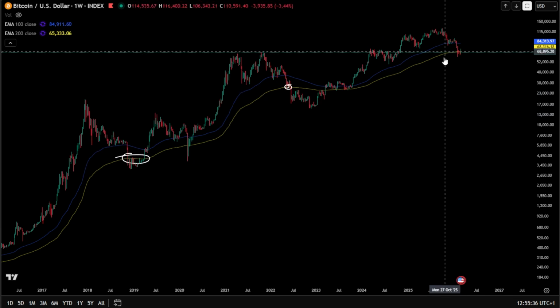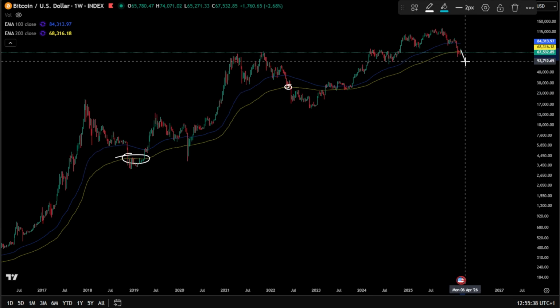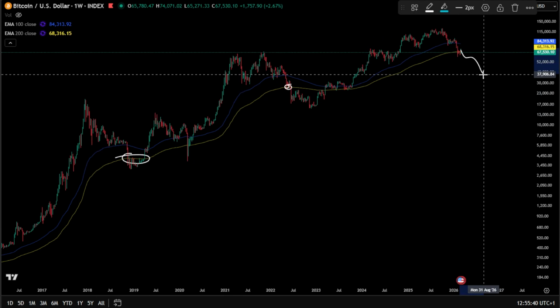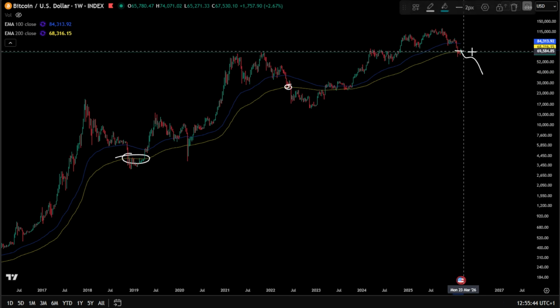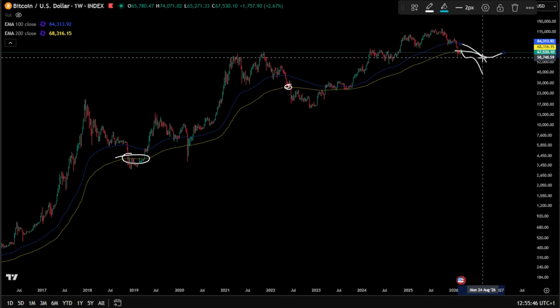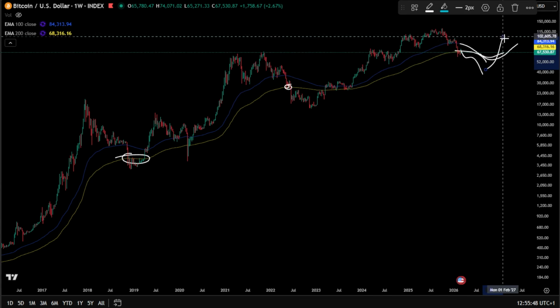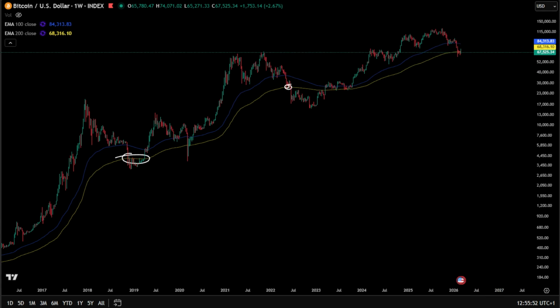Will this bull run also dive deeper before it starts? Well, yes, very likely, guys. Very likely that it might happen. The weekly might come to this area before starting to push toward the upside. Yep, so this is regarding Bitcoin, the indicators analysis.